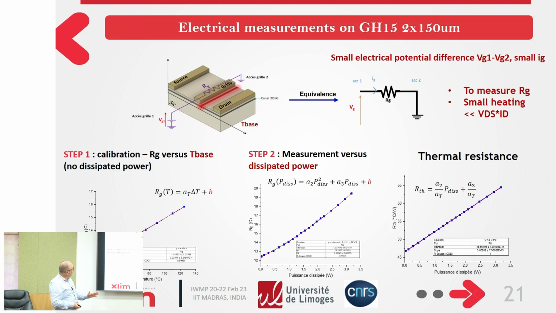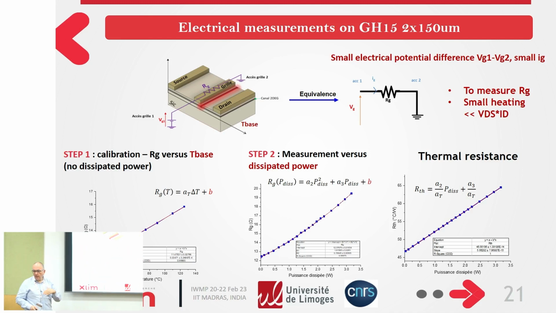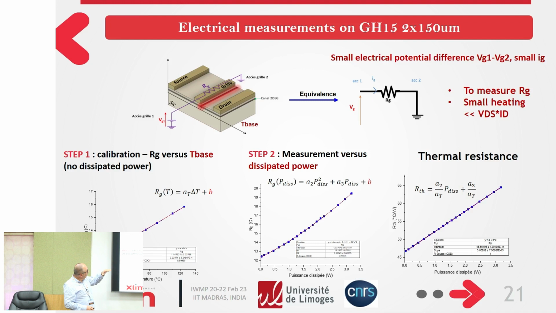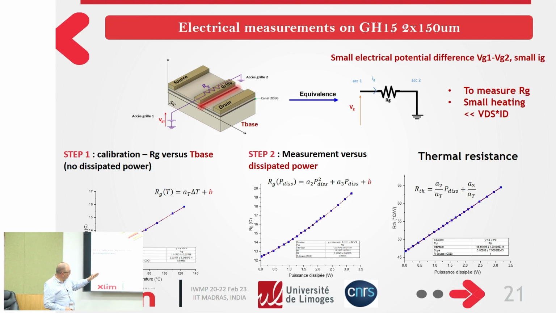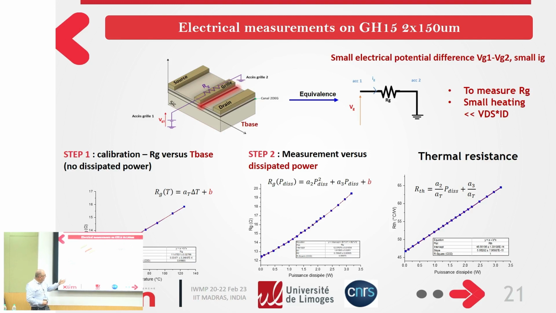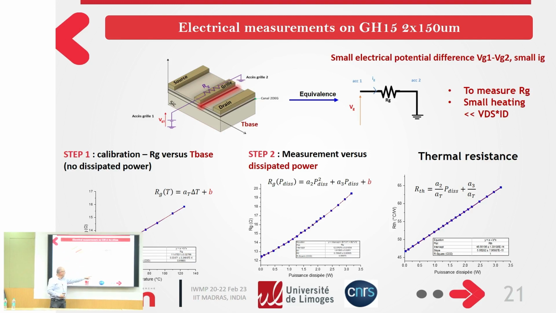So first step, we apply various base plate temperature and we measure the variation of RG with T. And the second step, we apply several VDS and then we have RG versus dissipated power. So with these two curves, we can extract the variation of the thermal resistance with the dissipated power. And what we see is that it's not constant.